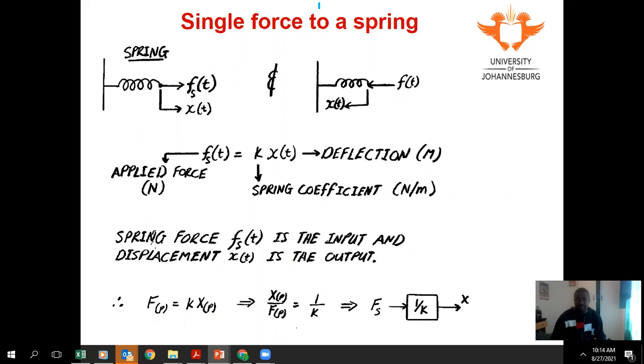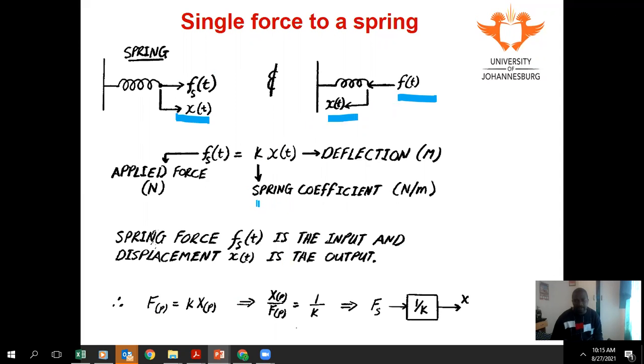In this section, we look at the single force which is applied to a spring in the form of pulling, where the displacement increases with respect to time, or in the form of pushing, where the displacement is reduced with respect to time. But the spring won't just allow the force to act on it.